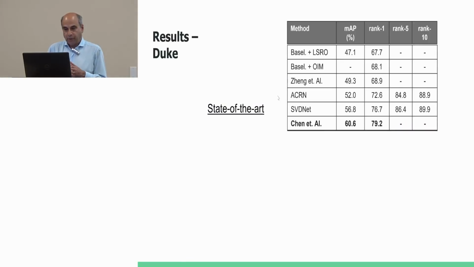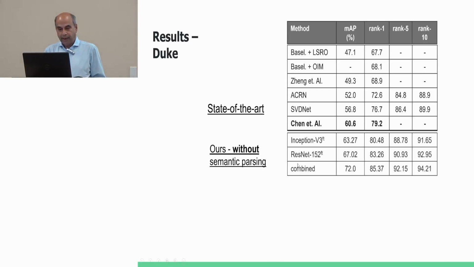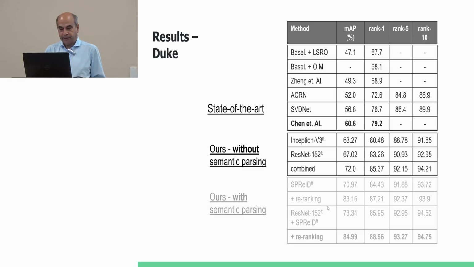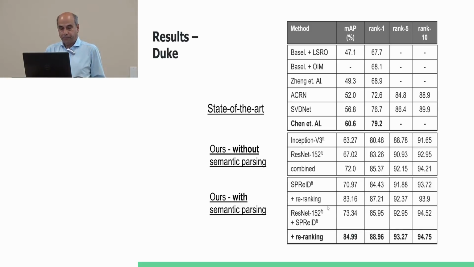So we can look at the quantitative results in this, and these are different metrics: the mean average precision, rank 1 results, rank 5, rank 10. These are the other methods, and these are our method when we combine with semantic parsing, and then without combining semantic parsing.